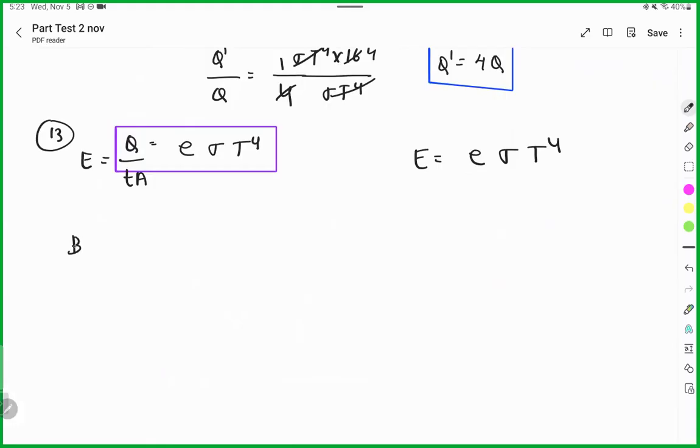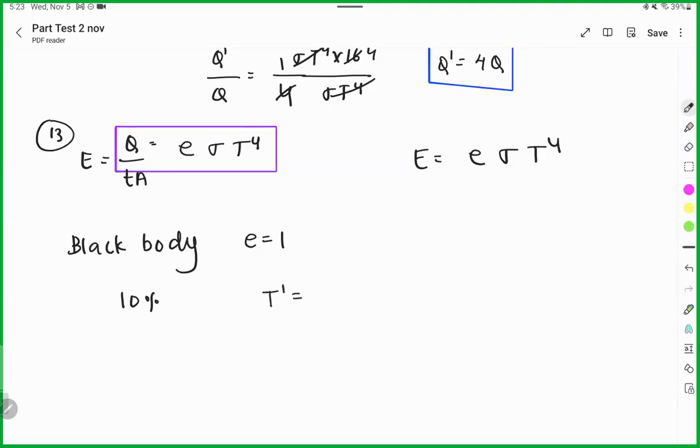And in this question, you have a black body. So Arpit, what is the value of E in case of a black body? 1. Anvita, if it is 1 and you are increasing radiation by 10%, what will be the change in the temperature?